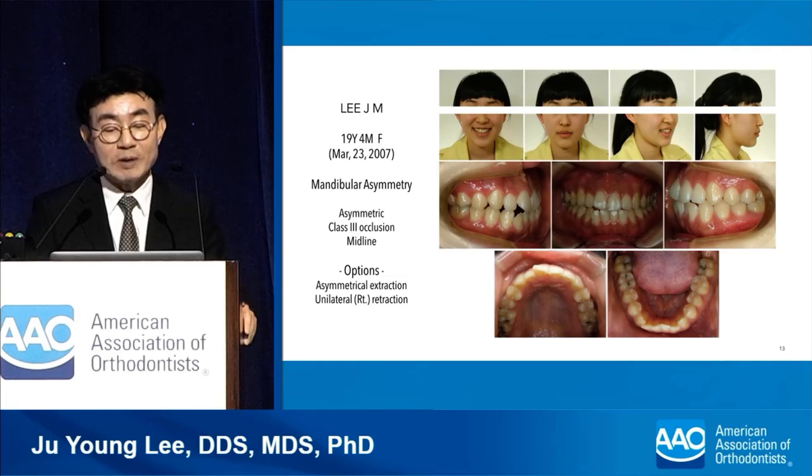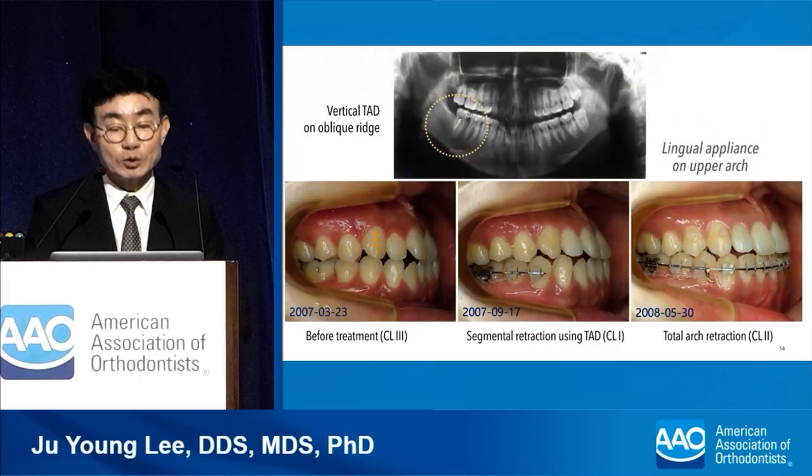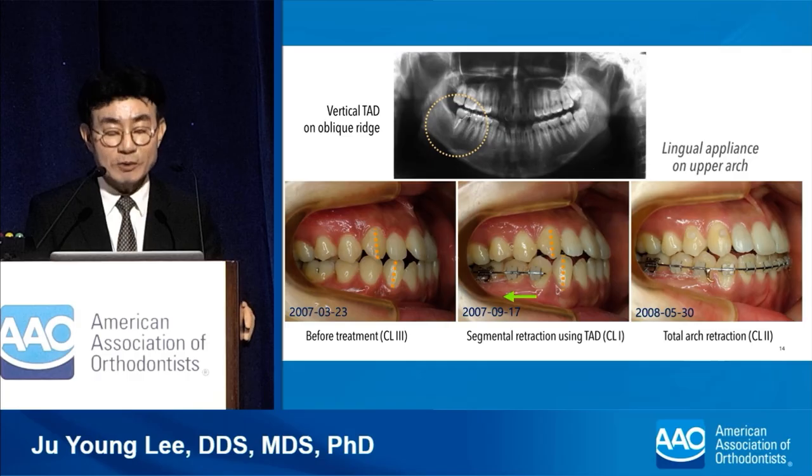Due to the mandibular asymmetry, midline discrepancy, and class 3 occlusion on the right side shown, but she didn't have dissatisfaction of facial profile, and crowding was not severe. It was decided to install a TAD on the buccal oblique ridge of the mandibular right molar area and to move the mandibular arch to the right.